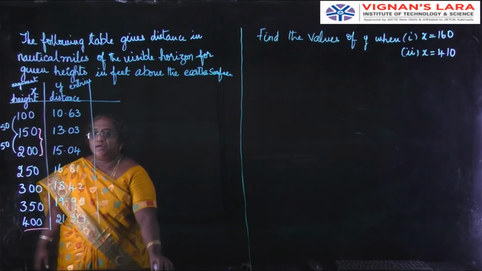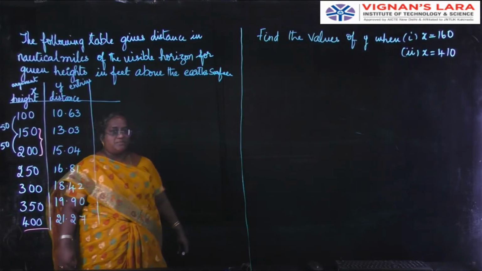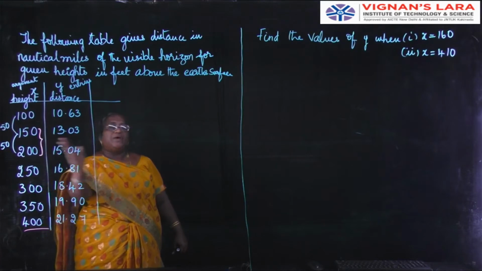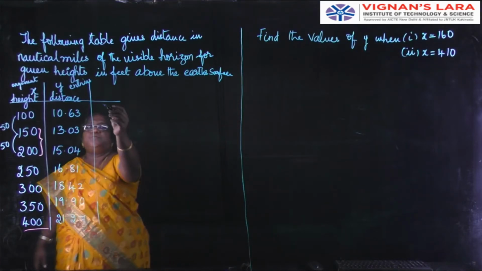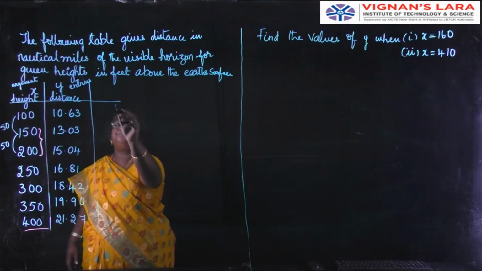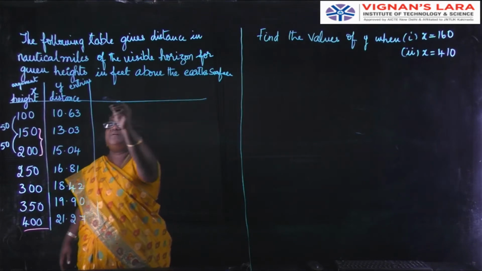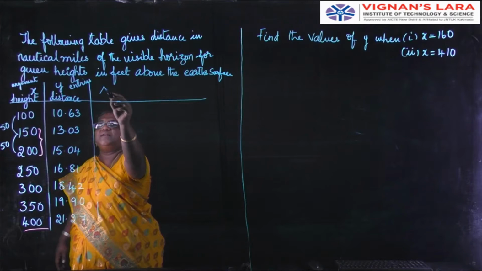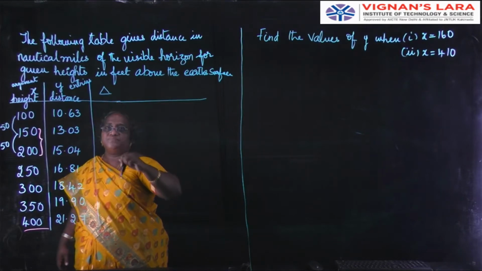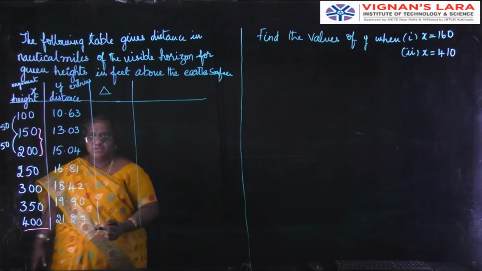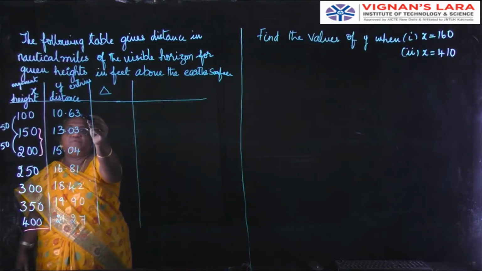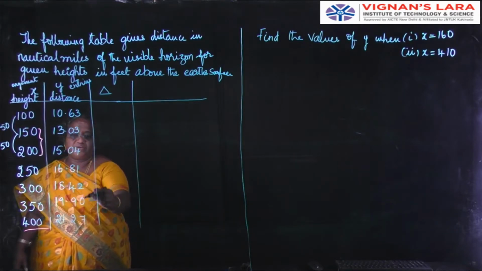So now see, before applying the formula, we have to prepare the difference table. For that, what is required? First the forward difference, which we write as delta. Next, we need the second. How many values were given here? We were given 1, 2, 3, 4, 5, 6, 7.